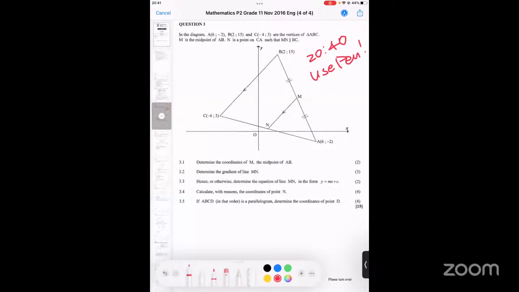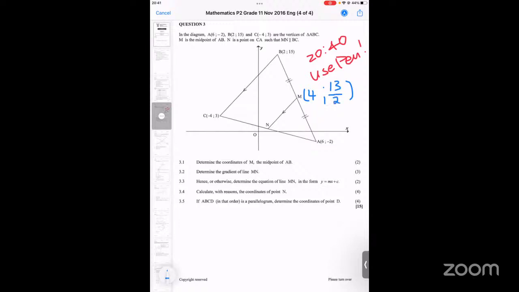But something you need to be aware of is that the middle point will be calculated using the midpoint formula, where you have your 2 plus the 6, which gives you 8, divided by 2, which gives you 4. You have 15, you minus that, divided by 2, and you end up with 13 over 2.